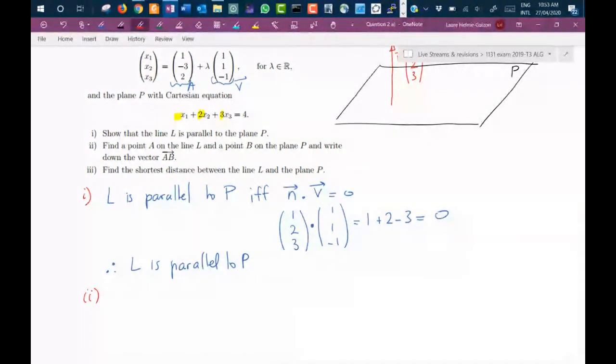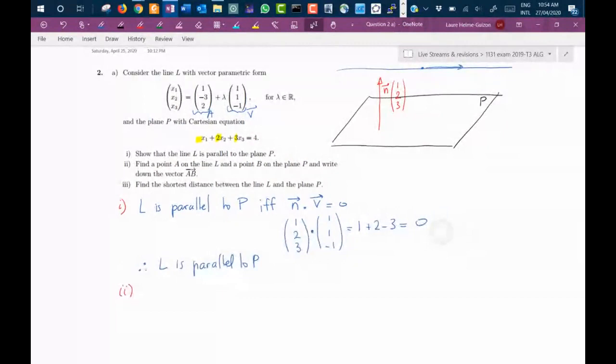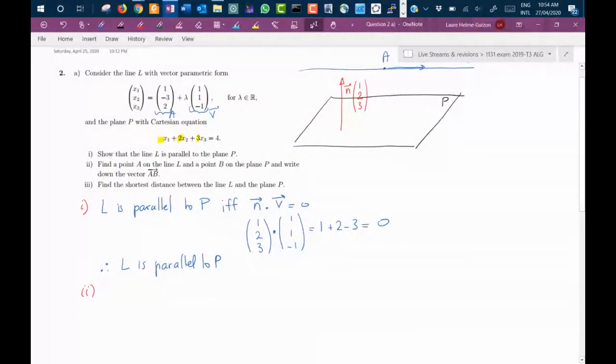Hi, Professor. Just regarding the Cartesian equation x1 plus 2x2 plus 3x3, I know this might not be one of the smartest questions, but if you're given the Cartesian equation, the normal vector will always be (1, 2, 3), if I'm correct.